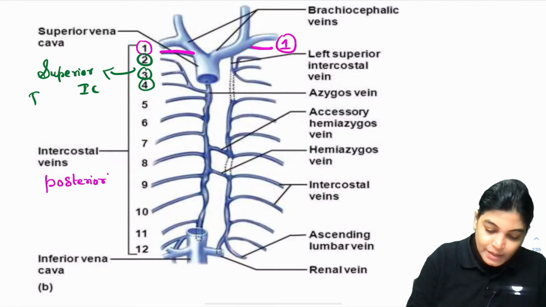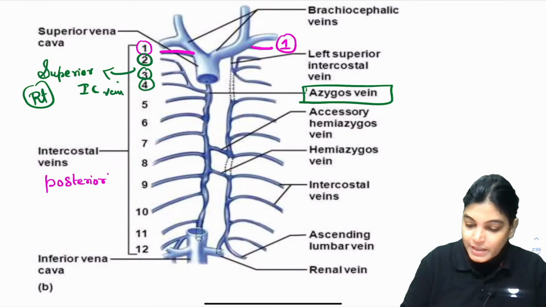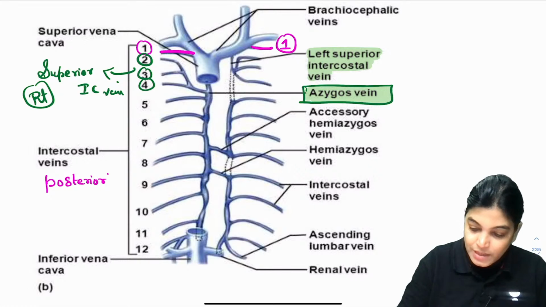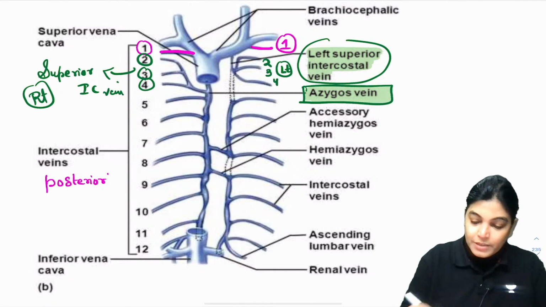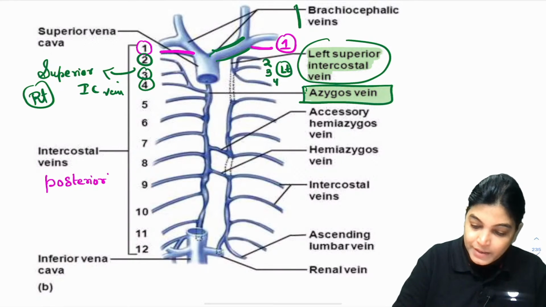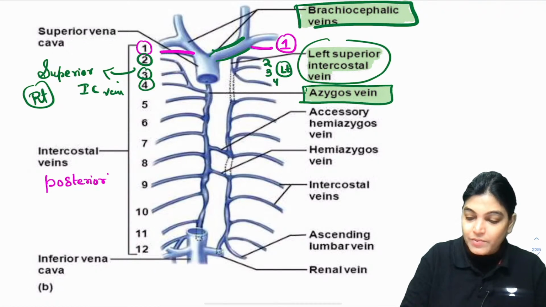On the right hand side it is draining into azygous vein. But on the left hand side, this is the left superior intercostal vein, which is again formed by joining second, third and fourth left posterior intercostal veins, and you can see it is draining into brachiocephalic vein. Is it clear?